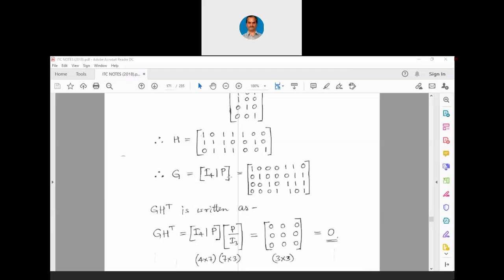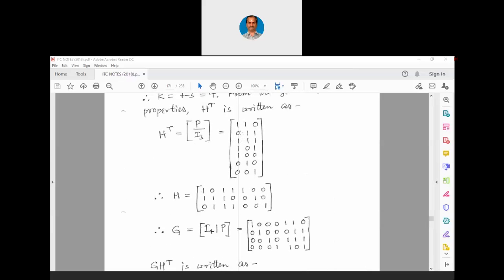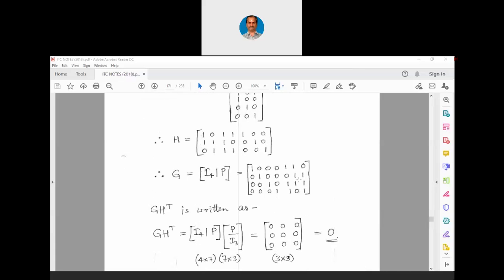G is I4 and P, so G is 4 cross 7. And H transposed is 7 cross 3. That is correct. So we should get 4 cross 3. Yeah, that is what is wrong.